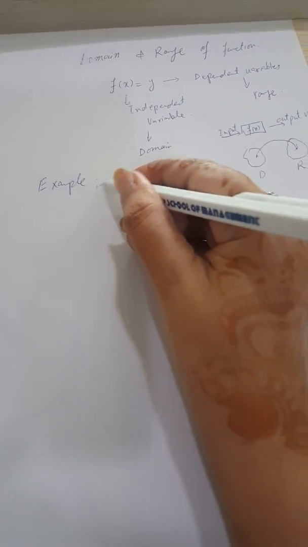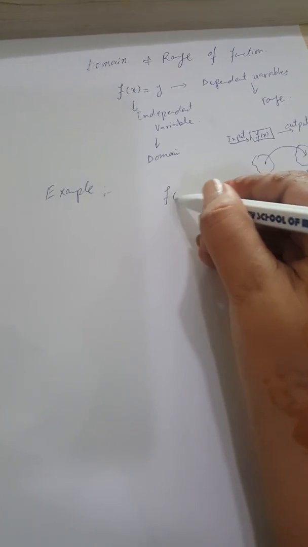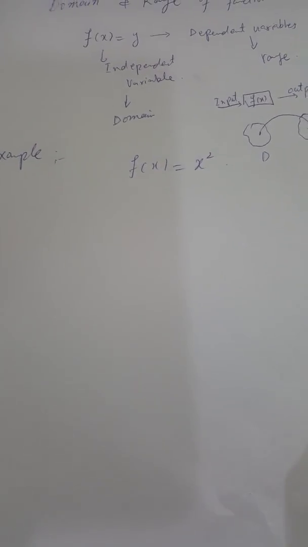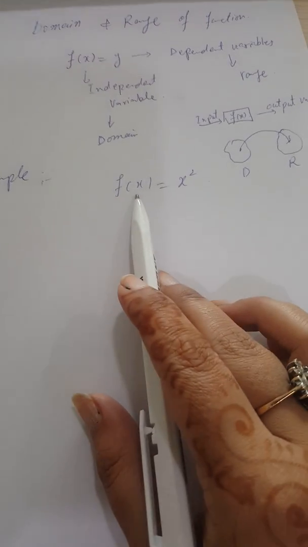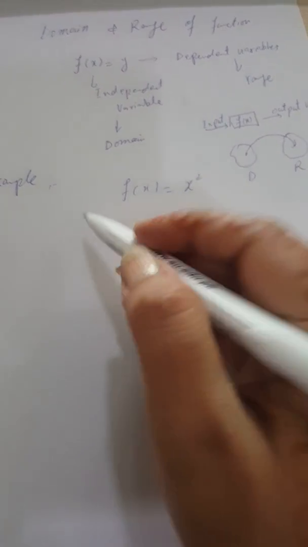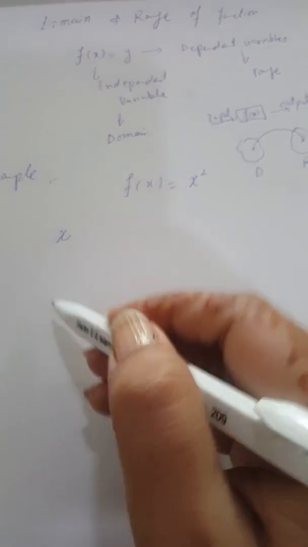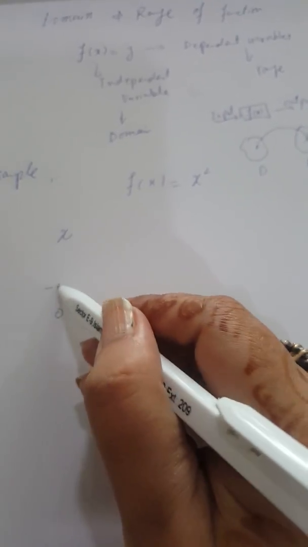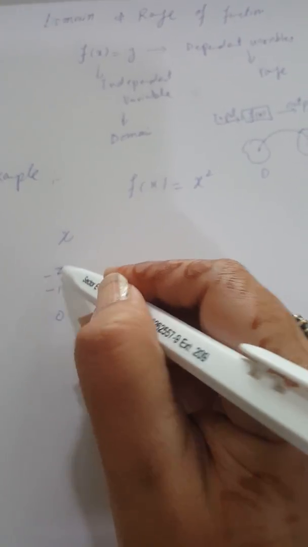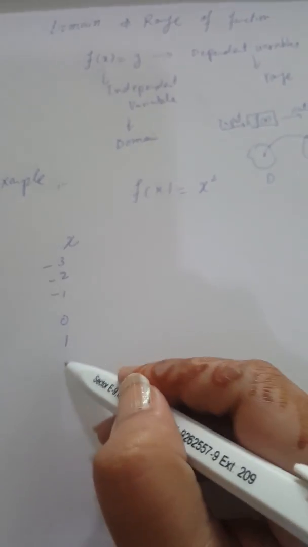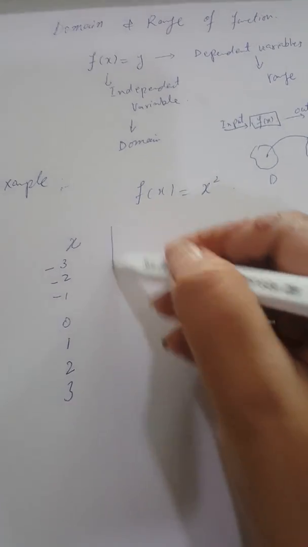For example, f of x is equal to x square. The values of the independent variable x we will assume ourselves: 0, -1, -2, -3, +1, 2 and 3.